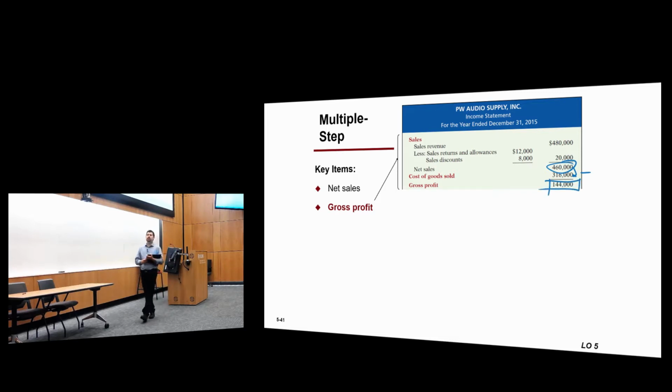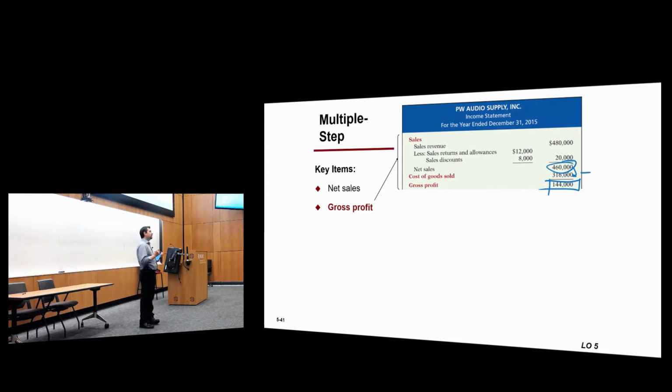Now, a lot of companies, instead of using just the gross profit, include the gross profit rate. Gross profit rate gives you the same information, however, in the form of a percentage. Instead of saying that the company made $144,000 as gross profit, the company might use a percentage. They divide the 144,000 by the net sales.